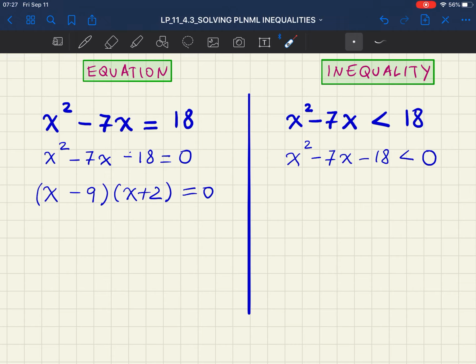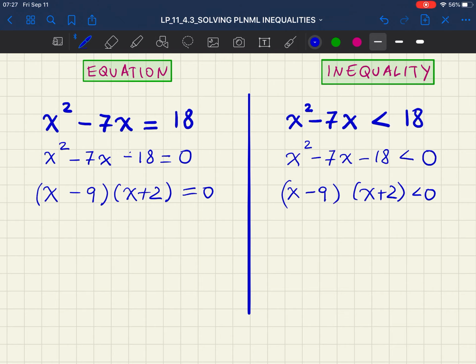So negative 9 and positive 2 add to negative 7 and multiply to negative 18. We do the exact same thing to inequalities. So x minus 9, x plus 2 is less than 0.